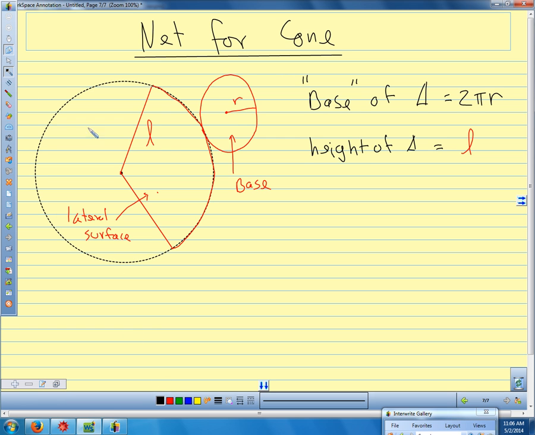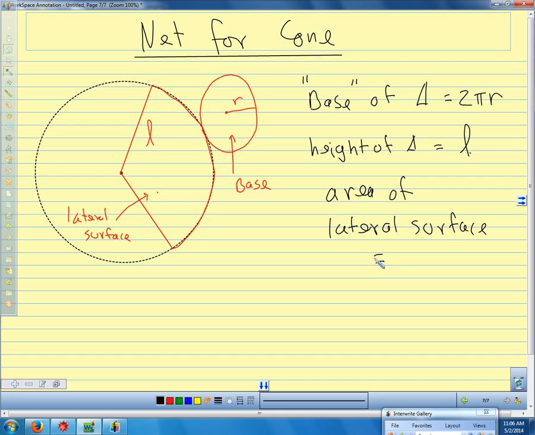So the area of this curvy triangle, and I'm going to say the area of the lateral surface, is 1/2 the base, 2 pi r, times the height. 1/2 of 2 is just 1, and I just get pi r L. So the area of the lateral surface is pi r L, and then to find our surface area, we add the area of the base, which is just the area of that circle, pi r squared.